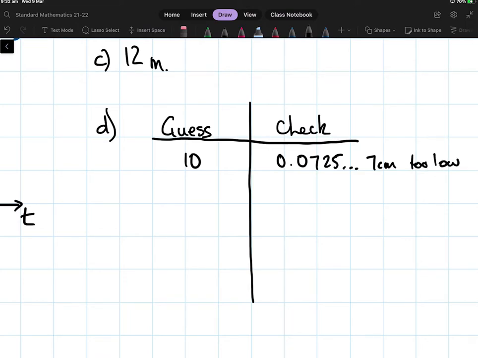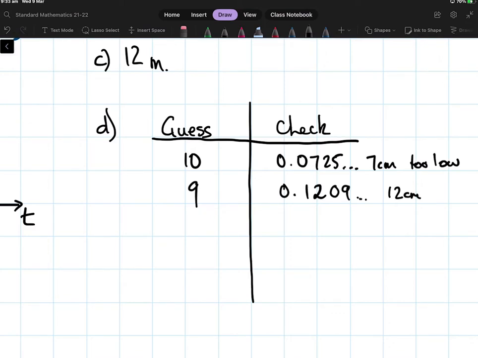I know 8, so it's got to be somewhere around 9, because we know 8 is 20 centimeters, so I'm just going to throw in 9, and 9 is 0.1209, which is 12 centimeters.